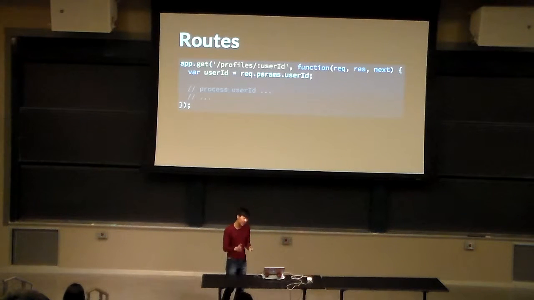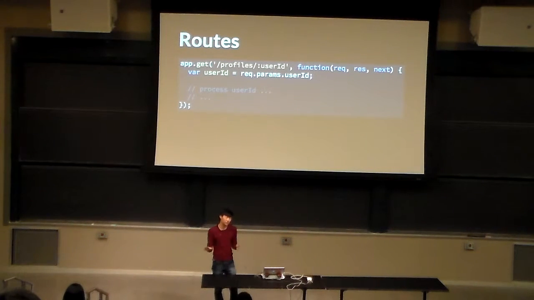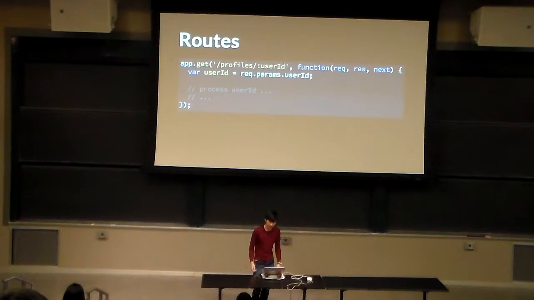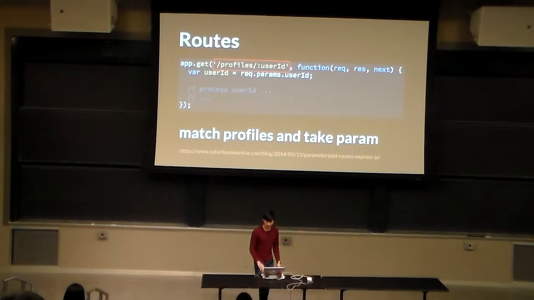Then it always has a slash, and then it has some sequence of letters and numbers identifying the user ID that I want to use and figure out what user I want to see. And then you can just extract it from the parameters. And it will be some string. It depends what user requested. And I put a link where you can read more about it.